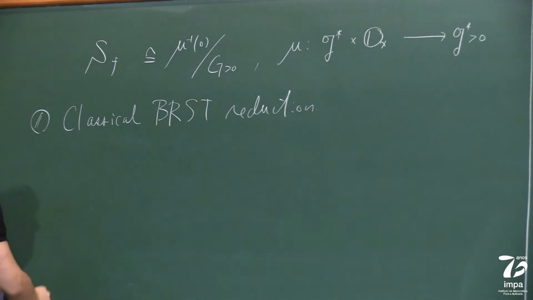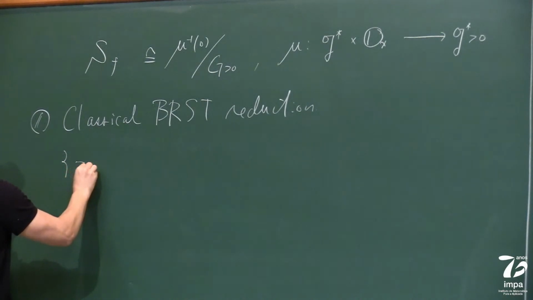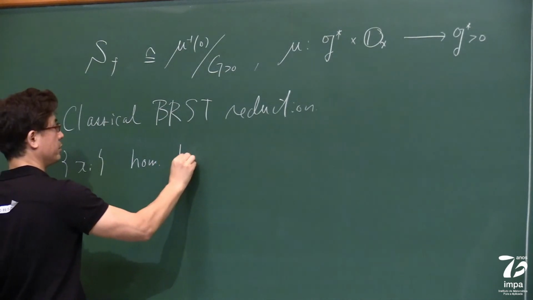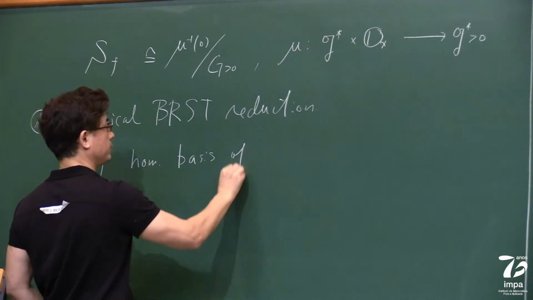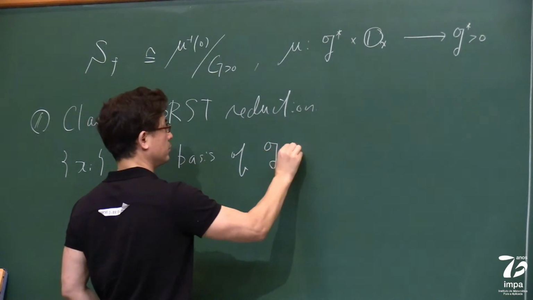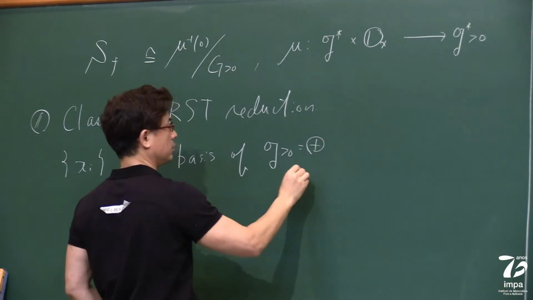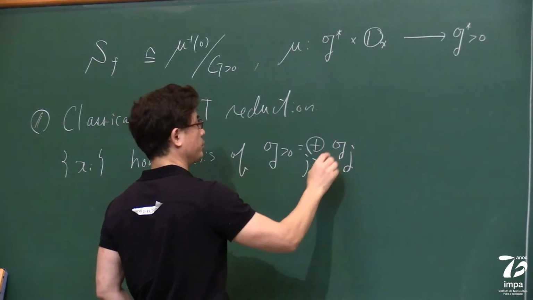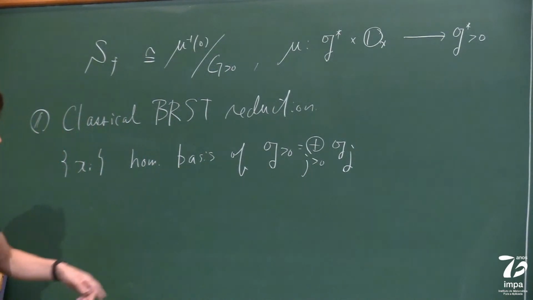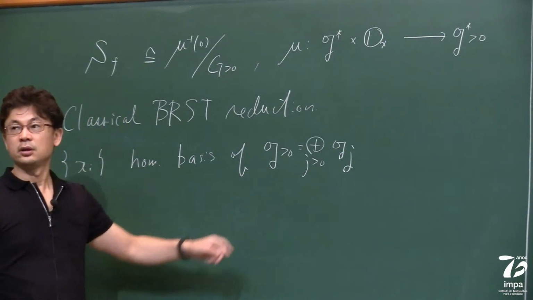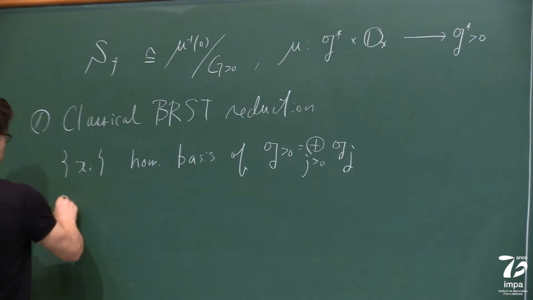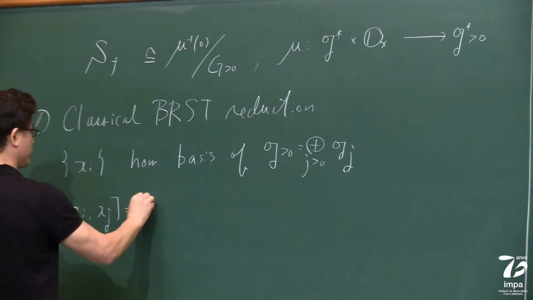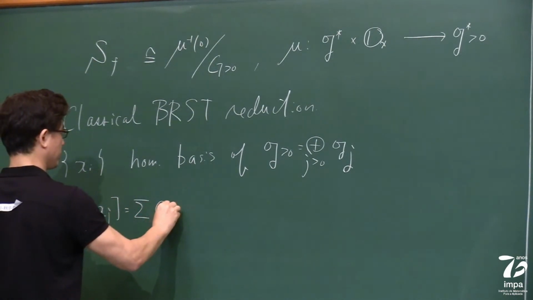I fix maybe a homogeneous basis of G positive. Homogeneous means homogeneous with respect to this grading. And I write the corresponding structure constants as C_ij^k.